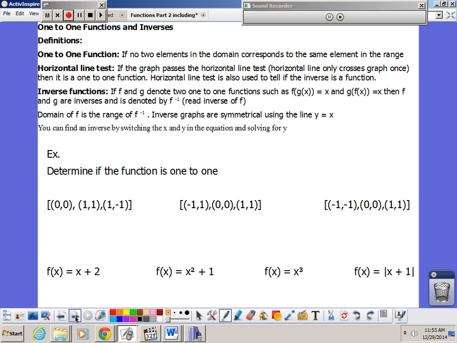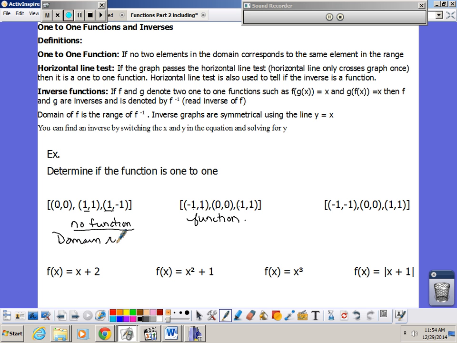Okay, so determine if it's a one-to-one function. The domain repeats. This is not even a function, so it can't be a one-to-one function. Negative 1, 0, 1 doesn't repeat; 1, 0, 1. Okay, so it is a function, but it's not a one-to-one function because the range repeats.